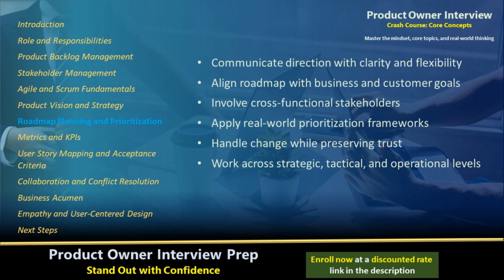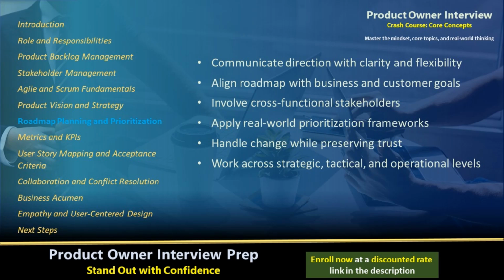Interviewers also want to see flexibility. Roadmaps change, new information comes in, market shifts, priorities get updated. So, how do you adjust the plan while maintaining stakeholder trust and team focus? Share examples where you successfully navigated change and kept everyone aligned. Also, touch on different roadmap levels: strategic, yearly themes; tactical, quarterly releases; and operational, upcoming sprints.